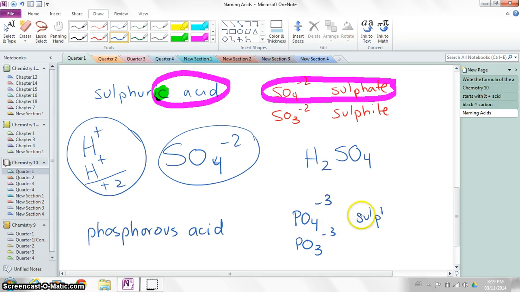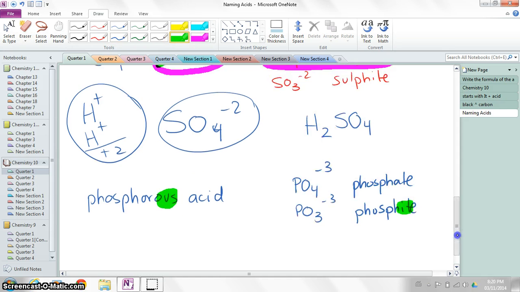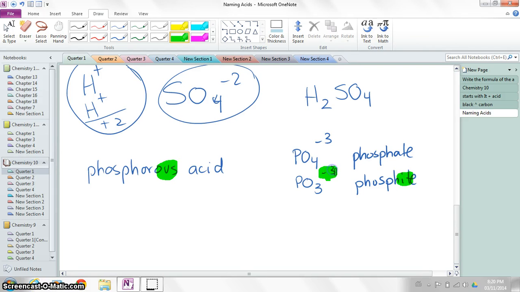This one's not sulfate, it's phosphate. And the one below it is phosphite. So which polyatomic ion is it? This is ous acid. So that goes with the ite. So this has a -3 charge. So how many hydrogens would I need to cancel out that -3 charge? If you said 3, you would be correct.